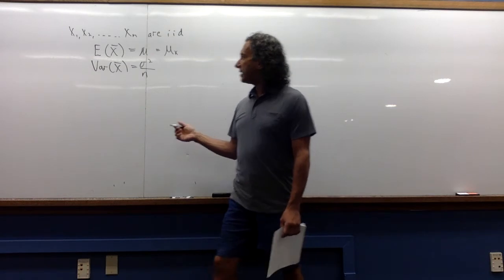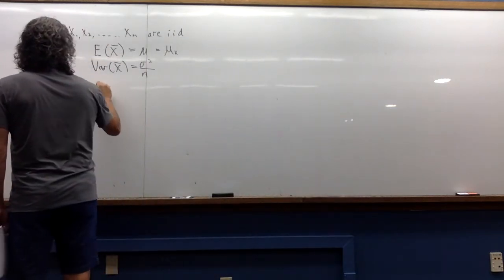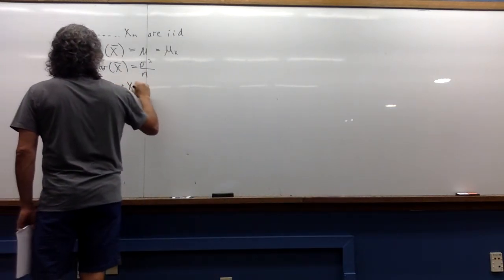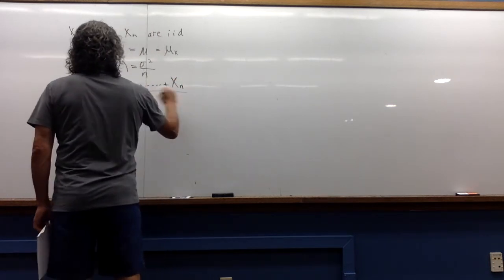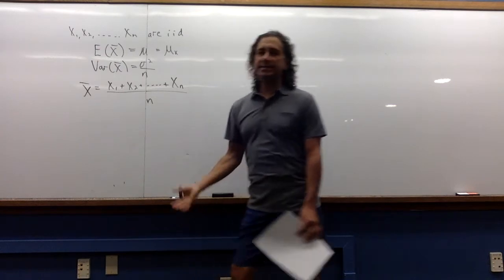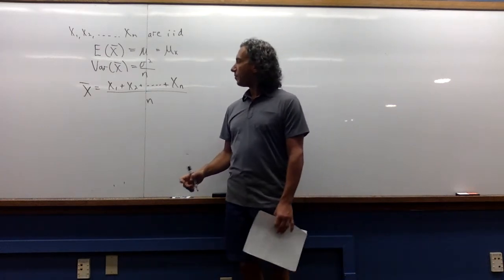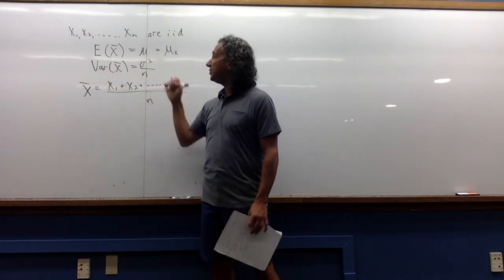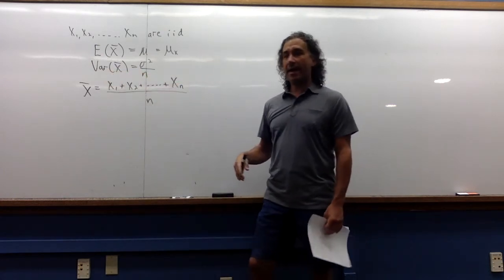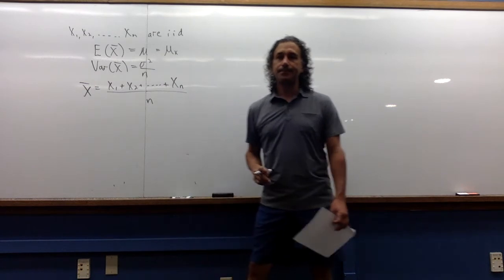So again, x bar takes each of the x sub i's, adds them up, and divides by n. We're taking values from each of the individual distributions, adding them up, dividing by n, where each of these is random.